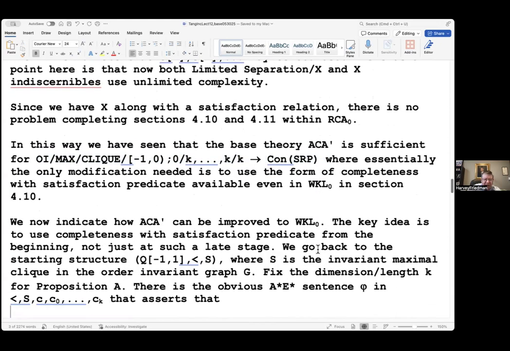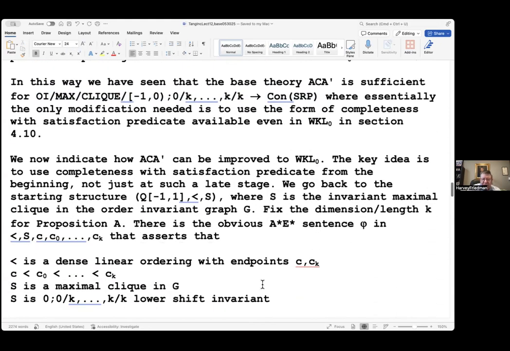We now have to indicate how ACA prime can be improved, not only to ACA naught, but actually down to WKL naught. The key idea is to use completeness with satisfaction predicate from the beginning, not just at a late stage.